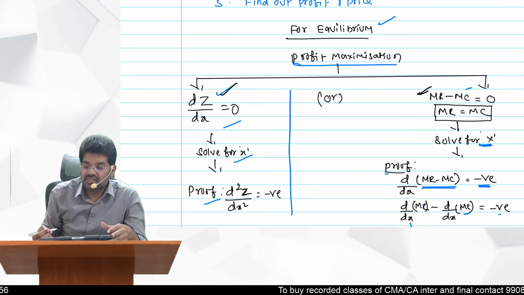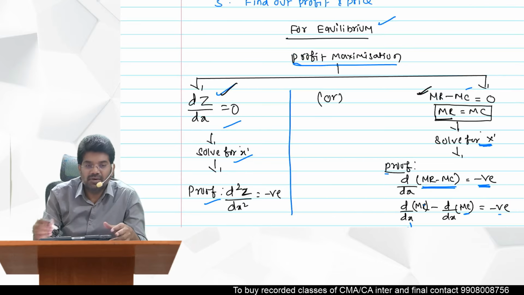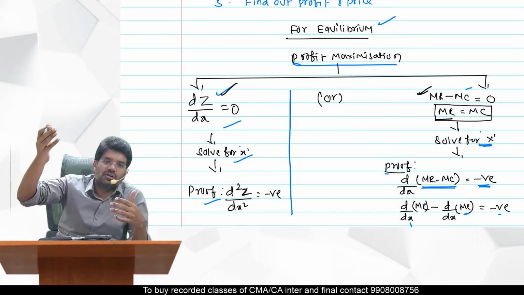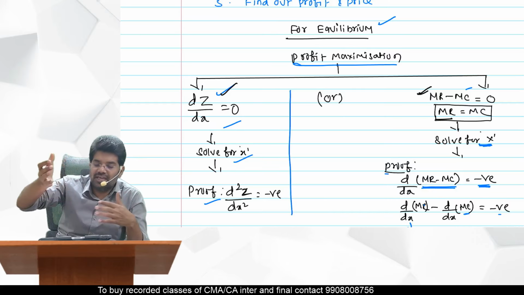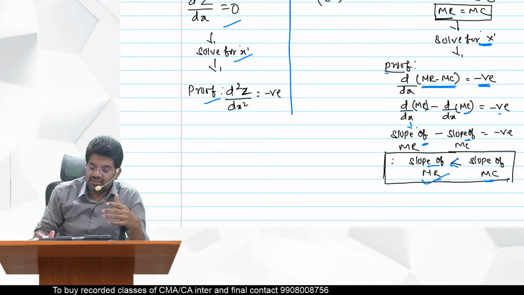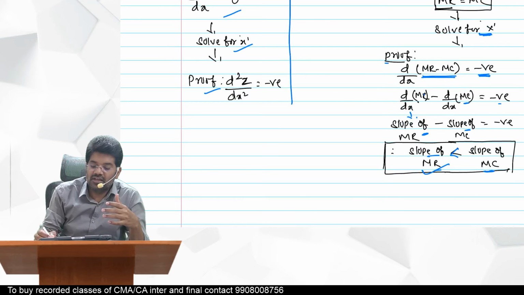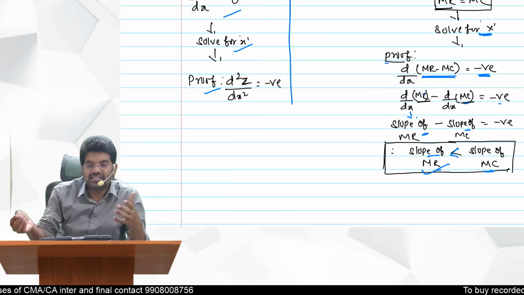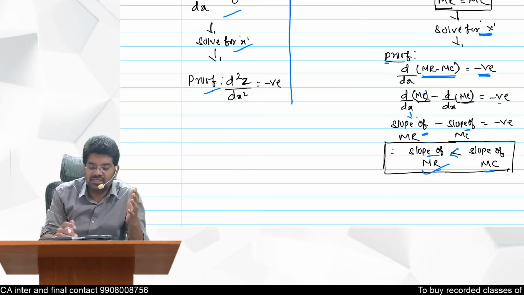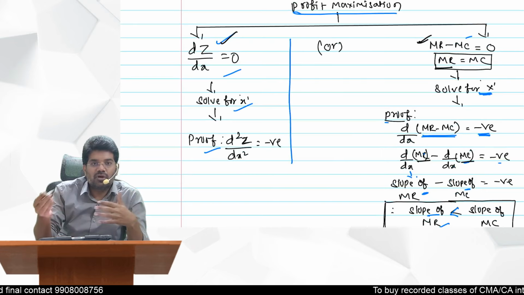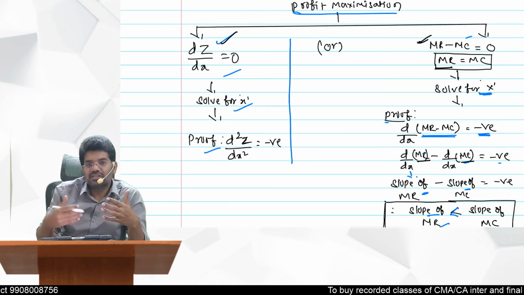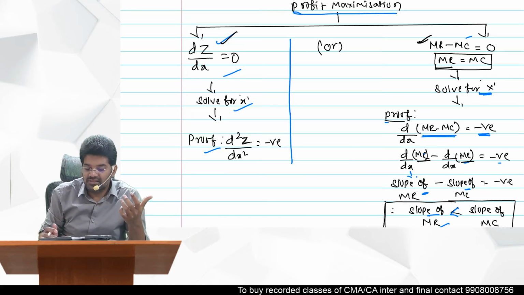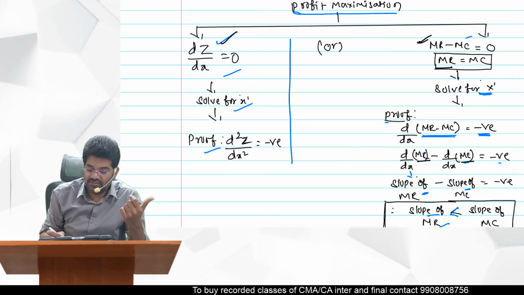MR minus MC is equal to, so first you need to find MR. MR is nothing but the derivative of total revenue. MC is nothing but the derivative of total cost. Then equate them, you got two x values. Then you should find the second order derivative of MR and of MC, then prove that MR is less than MC. That is what you can do. Otherwise, for total profit also you can first take the derivative, equate with 0, then prove that it is negative. Still you can prove that it is profit maximization only.